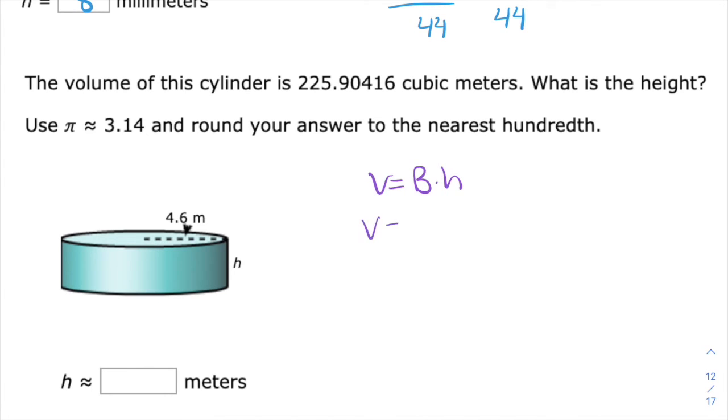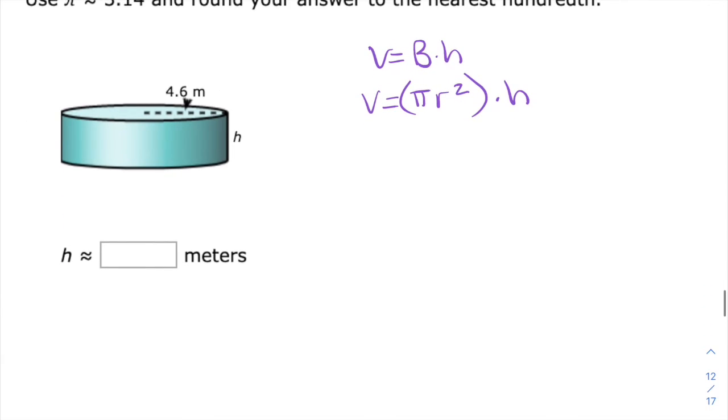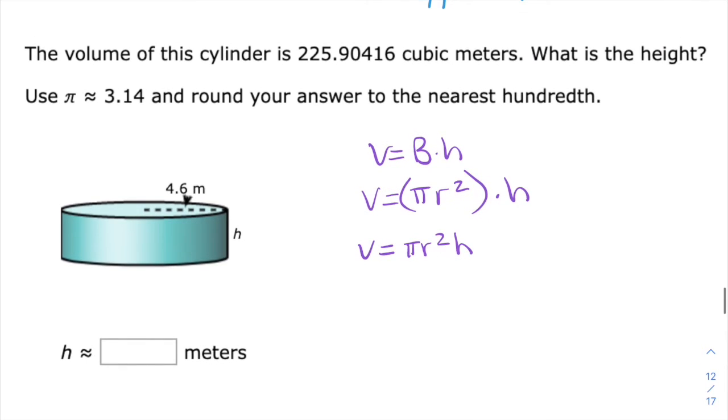The base is a circle, so it's the area of a circle, which is pi r squared times height. So volume equals pi r squared h. And so we have the volume which was given, which is 225.90416.